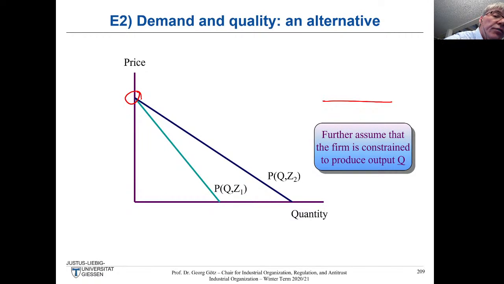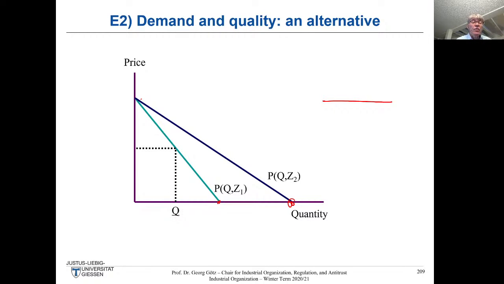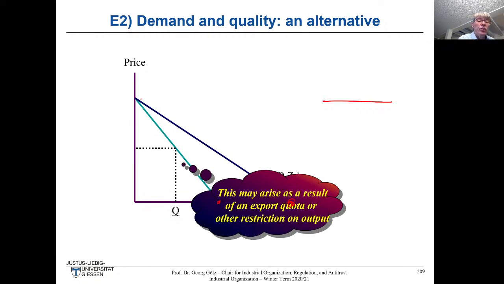Of course, if we would draw the marginal revenue curve for this demand curve, you see immediately that the monopolist would increase her output. So in order to solve this nicely, we assume that the monopolist is restricted to this output level.